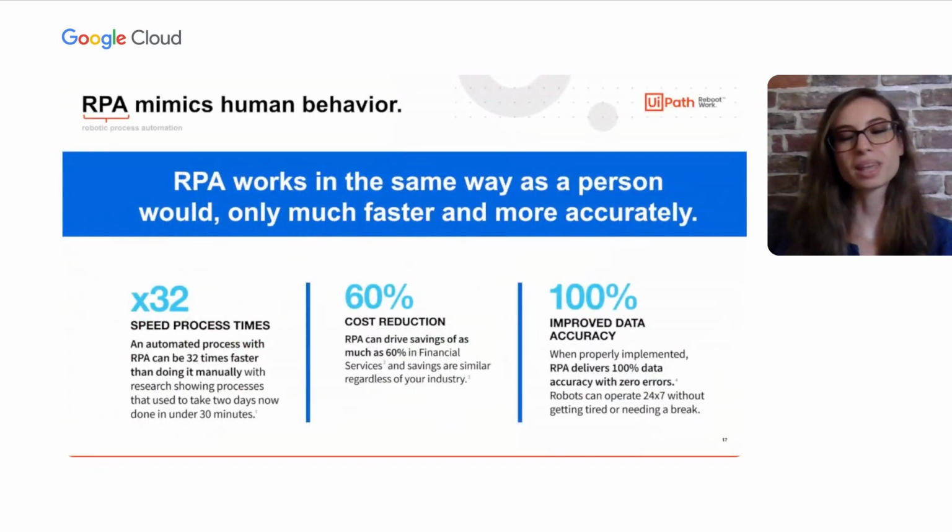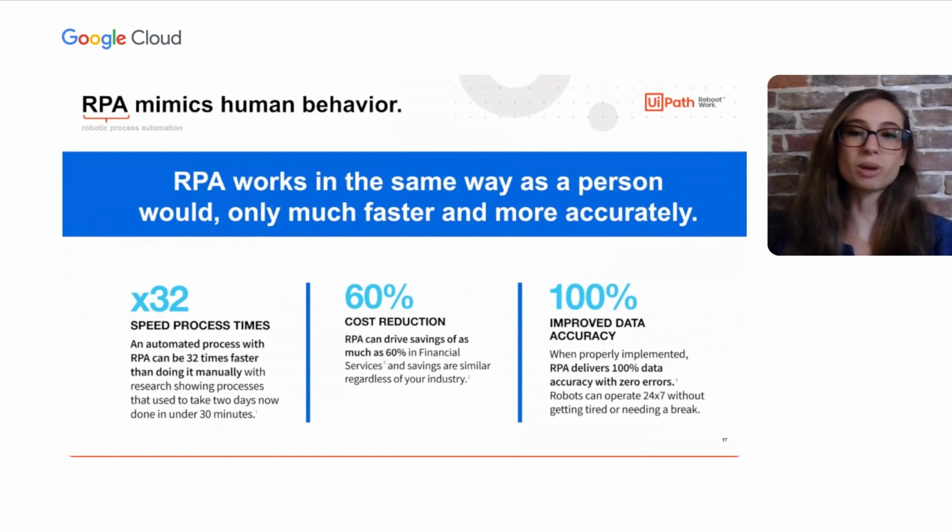What is RPA? It stands for robotic process automation. Basically, it's just mimicking human behavior. And robots are capable of a lot of things that humans take for granted, like not taking breaks or not needing to sleep 8 hours a day and not getting tired at the end of the day. I think we've all been there, rubbing our eyes, missing things.